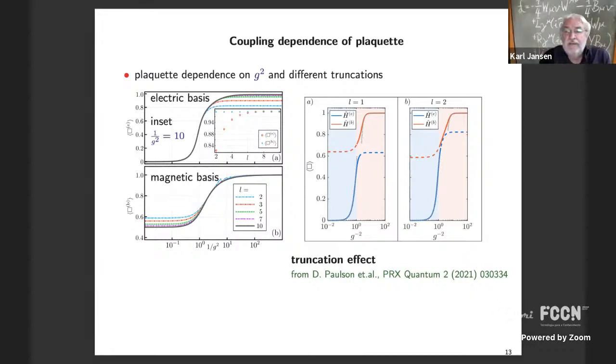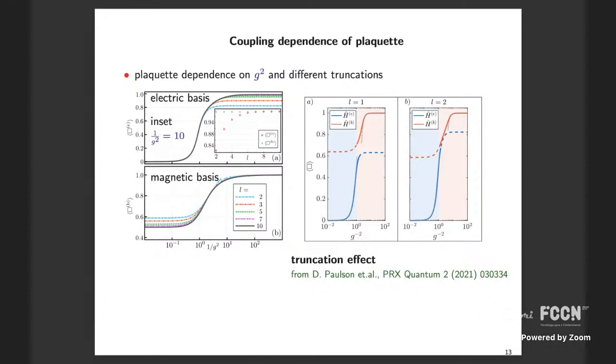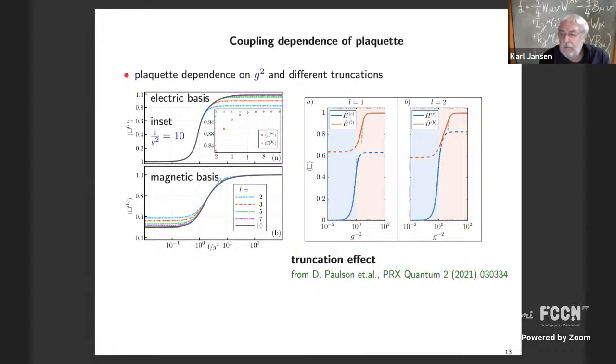I'm not sure whether we did this, but I think for L equals 3, this would really be completely smooth. So in a way you have a problem with the continuum limit, right? Because you don't know exactly the slope at the transition point. We don't know exactly the slope at the transition point. We can just test that if we go from the electric to the magnetic basis and we change L, we find really a smooth transition.